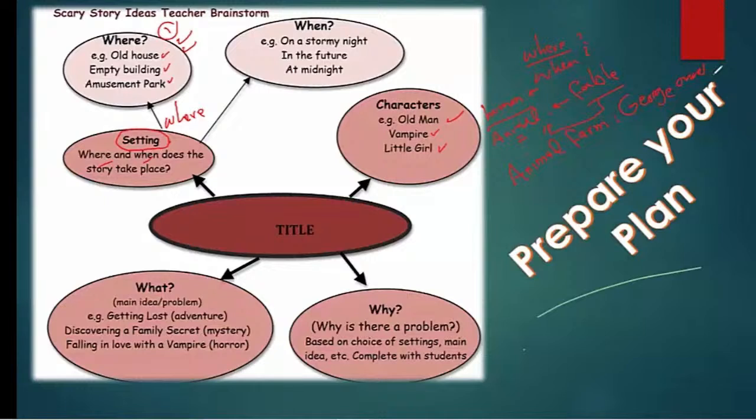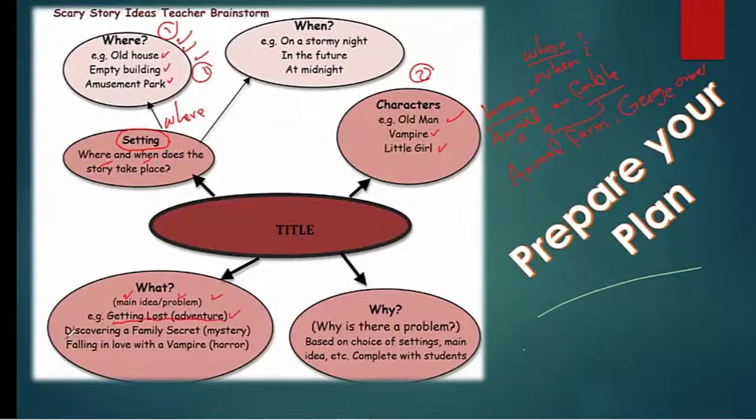Let's go back to the lesson. So again, decide where the story is going to happen, which is the setting. Decide who your characters are. Decide again what your main idea in the story is, what you're going to write about. Will you write about somebody who has got lost? Then the story is going to be an adventure story.